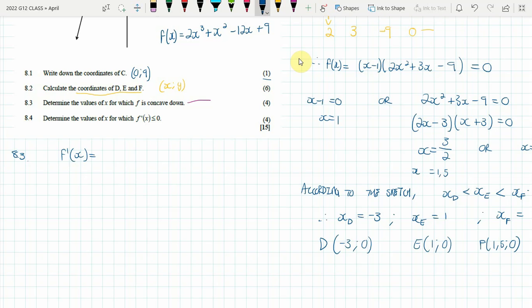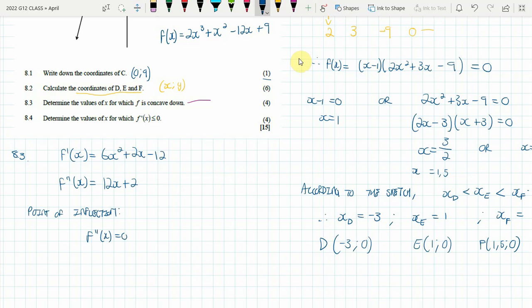It's 6x^2 plus 2x minus 12. Now f double prime. It's 12x plus 2. Very good. Now to get the point of inflection, we solve f double prime equals 0.